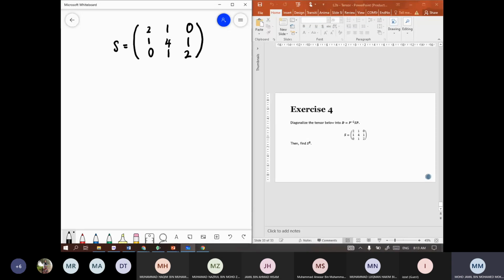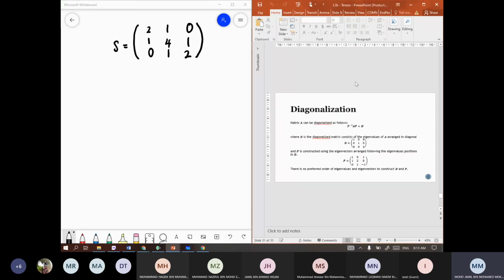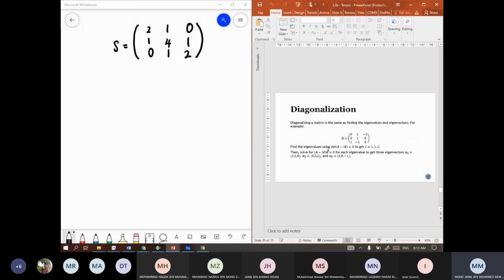Okay, so to find eigenvalues, we need to use the concept of determinant of this one.